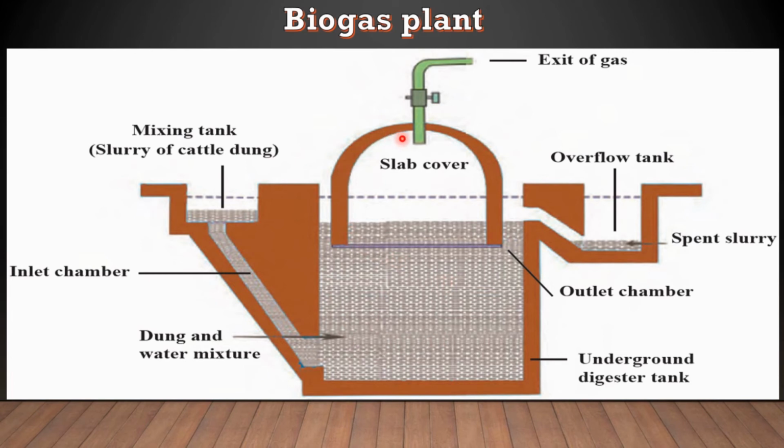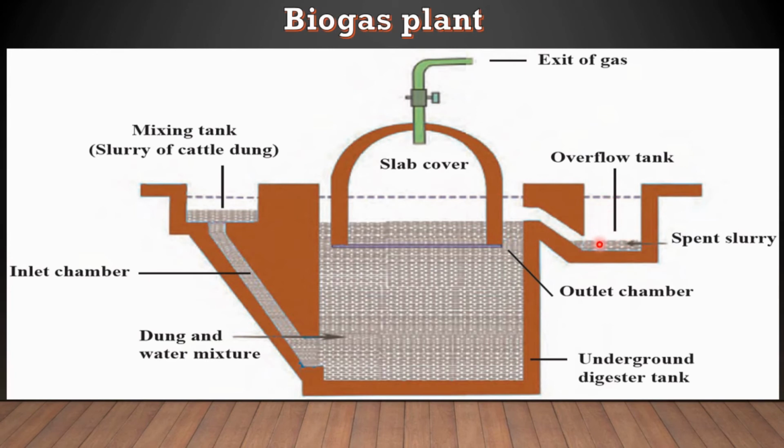The ceiling of the digester has an outlet with a valve here on the top for the supply of biogas. Outlet chamber is the part where the digester opens from below into an outlet chamber. Overflow tank. The outlet chamber opens from the top into a small overflow tank which is shown here.